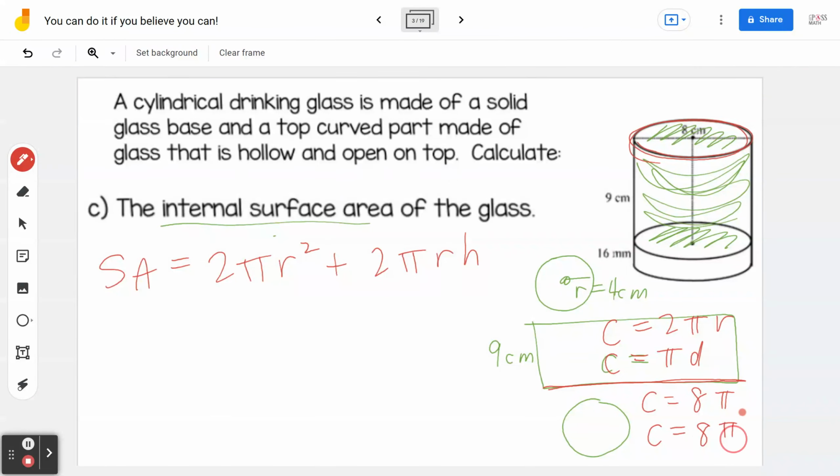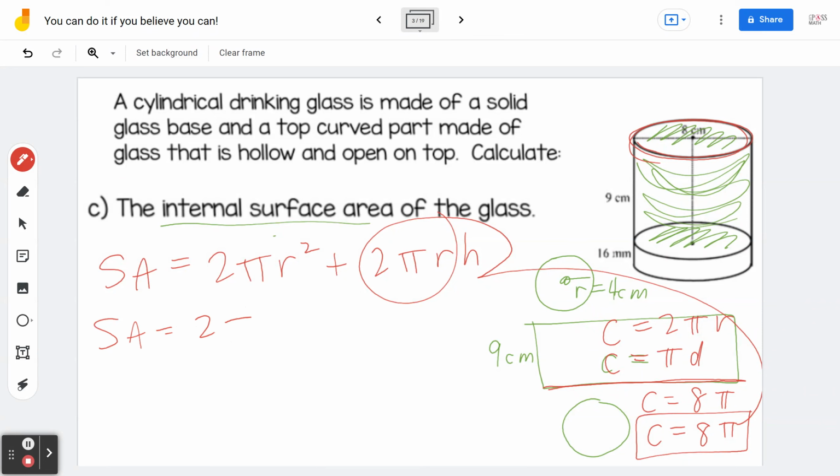I'm just going to write this down again to show you that we're looking at the same thing there. Okay, so if I continue here, the surface area is going to be 2 times pi times 4 centimeters squared plus 2 times pi times the radius, which is 4 centimeters, times the height, which is 9 centimeters.